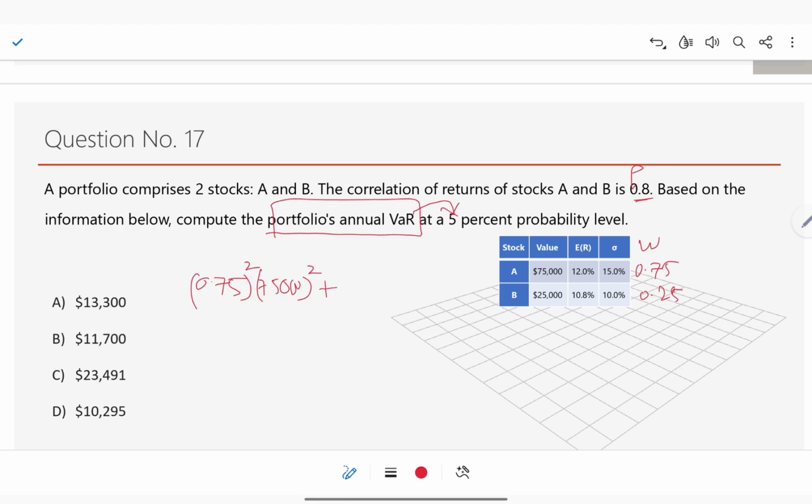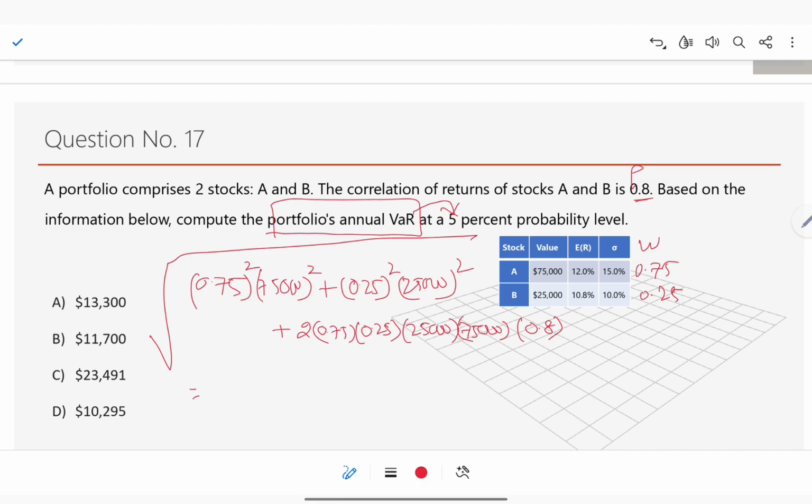Then you take B, 0.25, value 25,000. Then the correlation is positive, so it is 2 into 0.75, 0.25, 25,000, 75,000 and 0.8, and this will be under root. So you will get the answer.